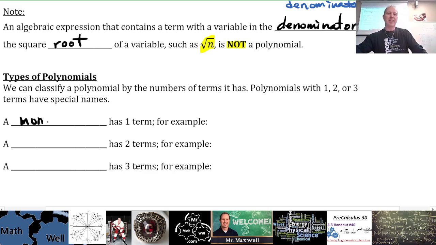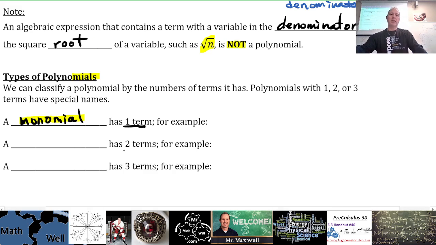So, yes, mono. So 1 term, mono, monomial. Okay, easy to remember. So a monomial, that's a polynomial with 1 term.